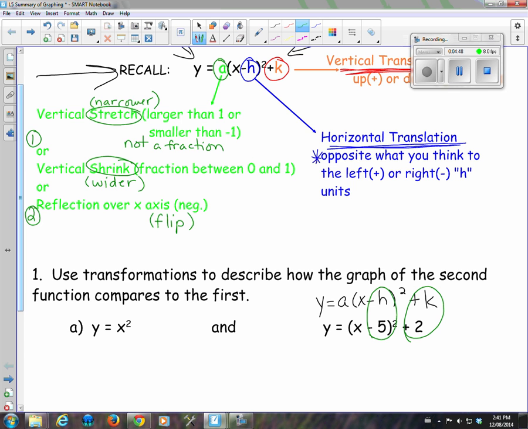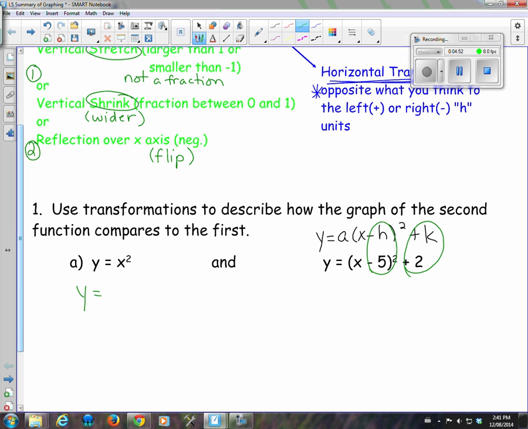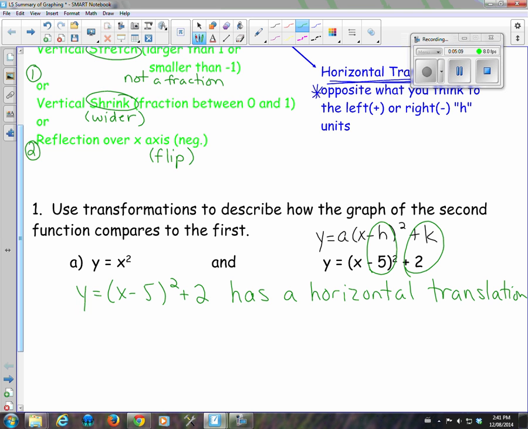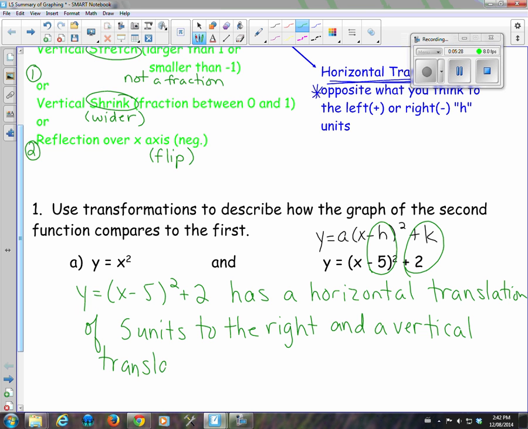So if I want to describe that, I would say that y equals (x minus 5) squared plus 2 has a horizontal translation of 5 units to the right, and a vertical translation of 2 units up.